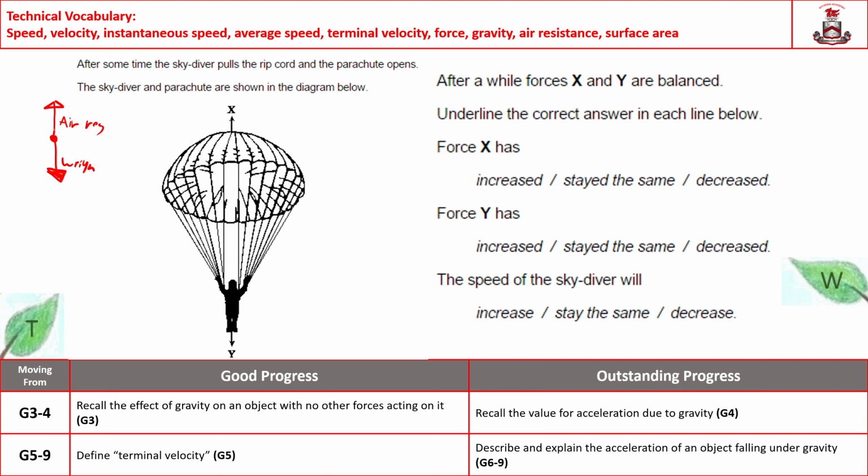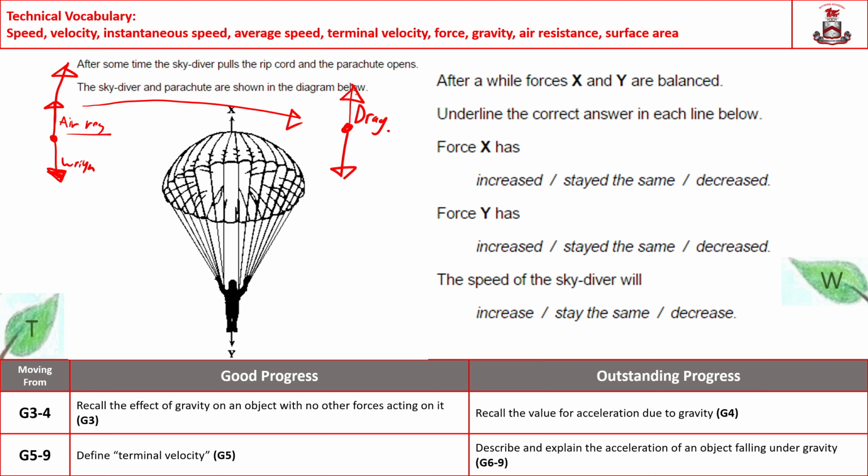So what happens is when you open your parachute, it gets bigger. Then over time you start to slow down, right? And as you slow down, your weight force is still exactly the same as before, but the air resistance or drag, I prefer to write drag because it's quicker than writing air resistance, goes back to what it was before.